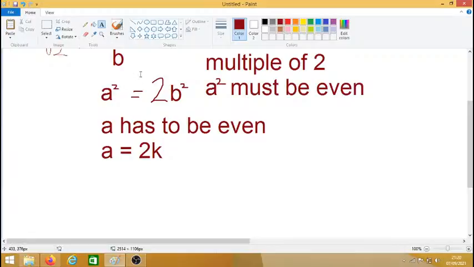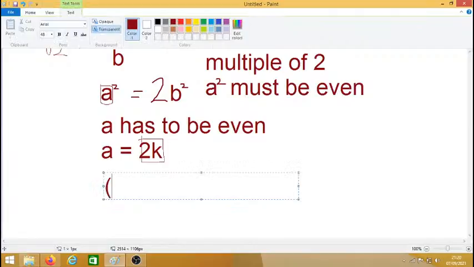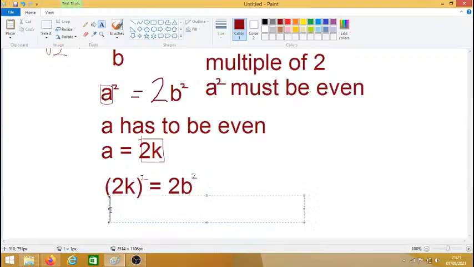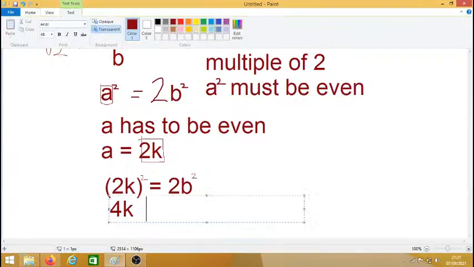Well, we could substitute the 2k for the a. So we can have (2k) squared is equal to 2b squared. Let's expand out the brackets. So that's 4k squared equals 2b squared.